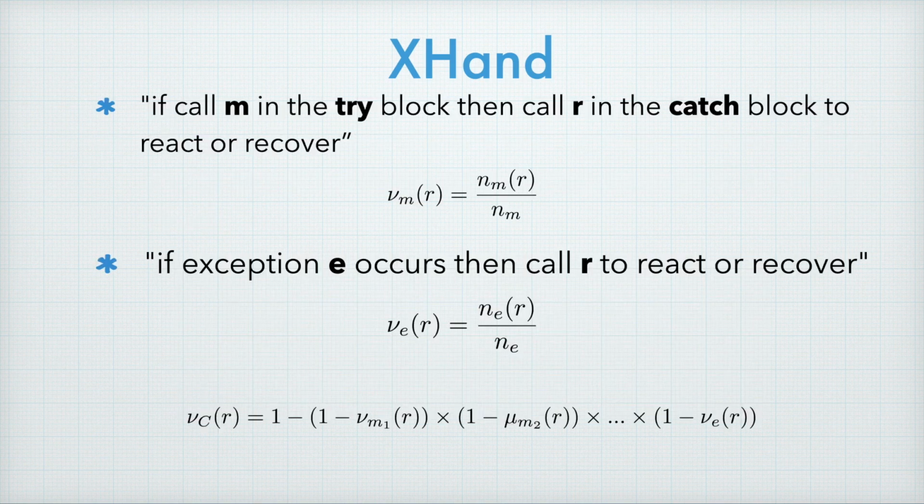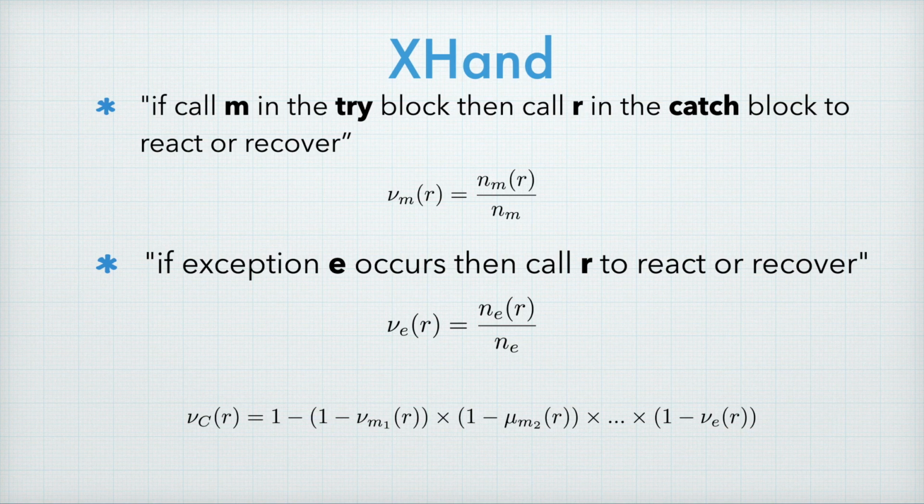So in ESEC, we want to learn several fuzzy rules. The first rule we want to learn is that if we call method M in the try block, then call method R in the catch block to react or recover. The association score between M and R is computed similarly to the association score in the X-rank model. We also want to learn another fuzzy rule, which is if exception E occurs, then call method R to react or recover.